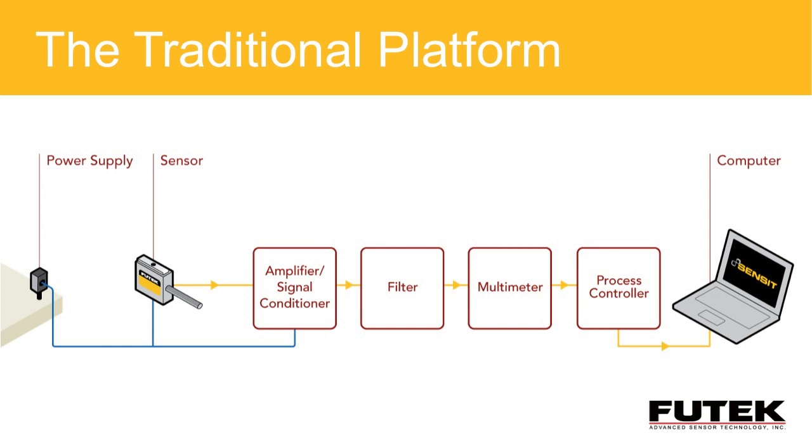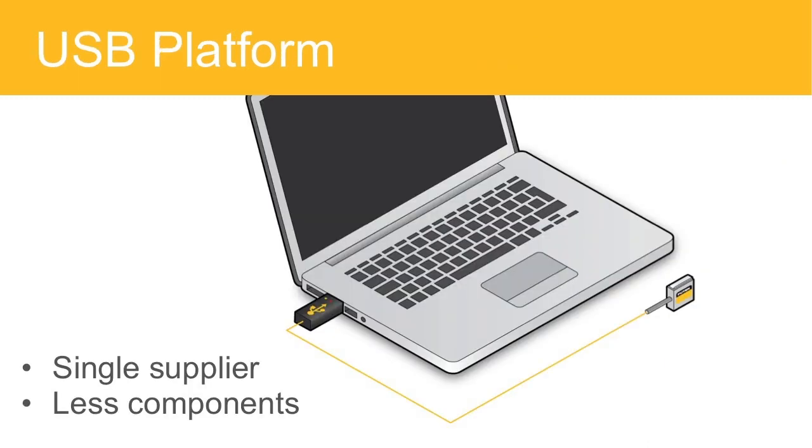And I would note that these observations apply not only to our automation clientele, but also our test and measurement clients as well. And this next slide shows a typical approach where we have the load cell and our USB device, obviously a much cleaner solution, fewer components, and a single supplier adaptation.